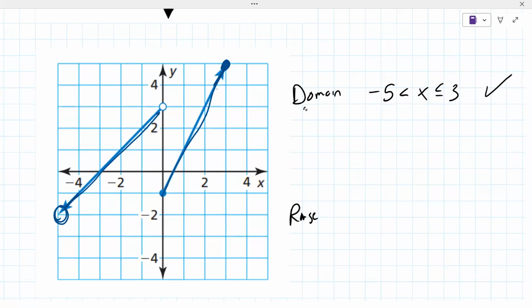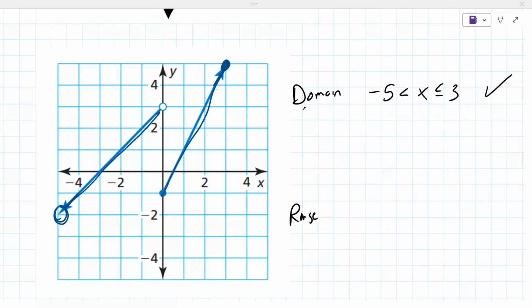You are correct. And then for the range, -1.